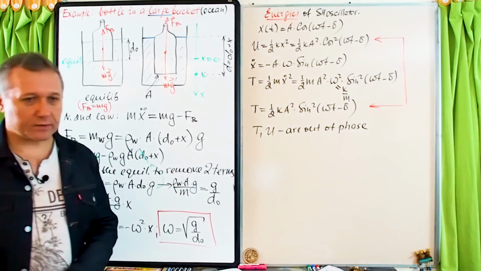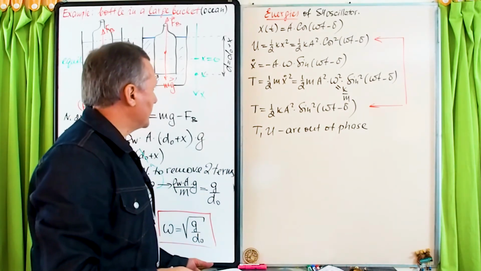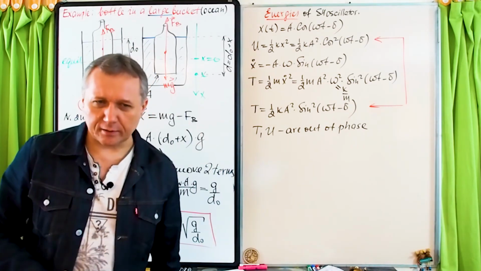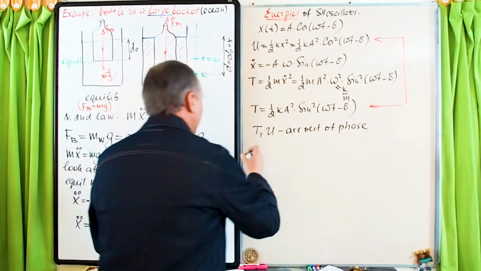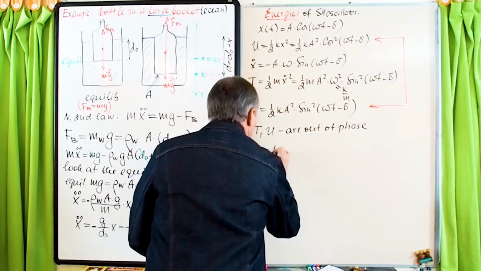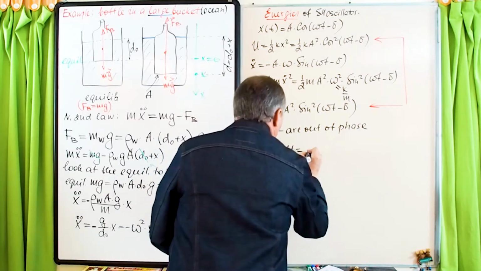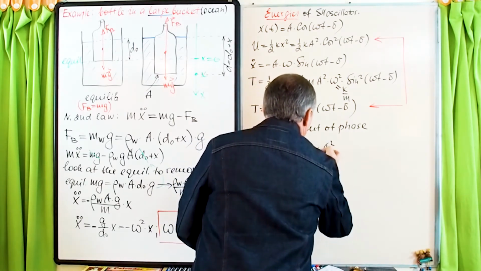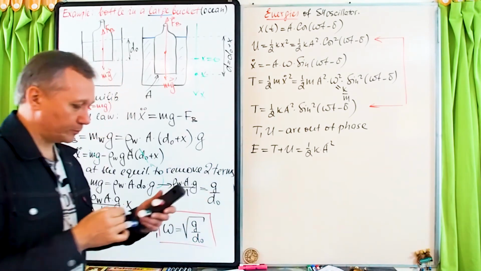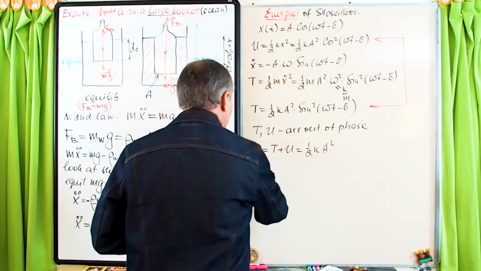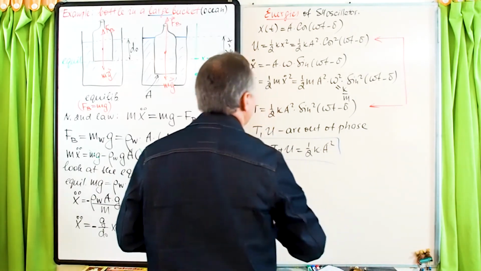And of course oscillates between 0 and 1 over 2 k a squared. Yeah, total mechanical energy, of course. Let's just quickly write. Total mechanical energy, which is T plus U, obviously will be 1 over 2 k a squared. Right. Okay, let's add some colors. Right.